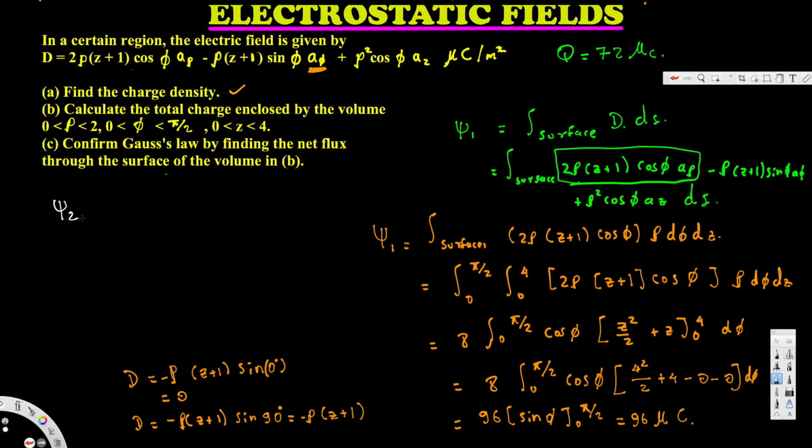So we found out psi 1, now psi 2, another region. This is with respect to phi, and z doesn't have components, it's going to cancel out for z. So this is the last thing that's going to contribute, because we know that rho is going from 0 to 2, we calculated that one, and the phi limit is 0 to 5 by 2.